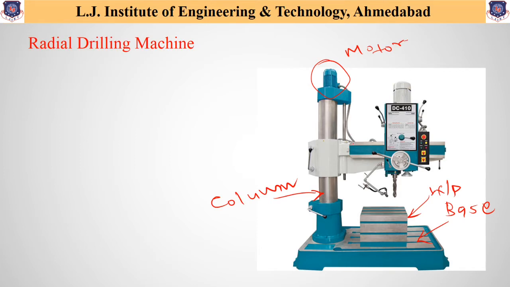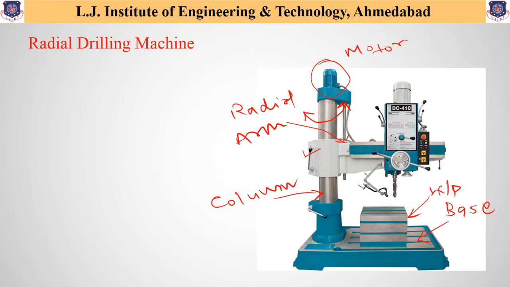Now as we have discussed in the sensitive drilling machine, with this vertical column the table is attached, but in the case of the radial drilling machine, the part attached to this vertical column is called the radial arm, and this radial arm can be rotated about this vertical column based on requirement.